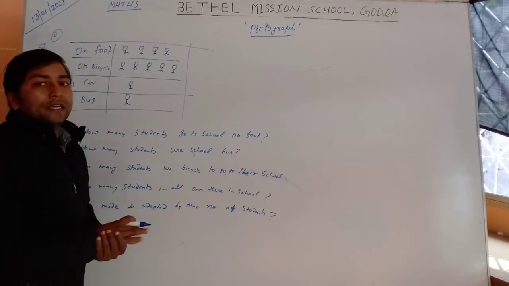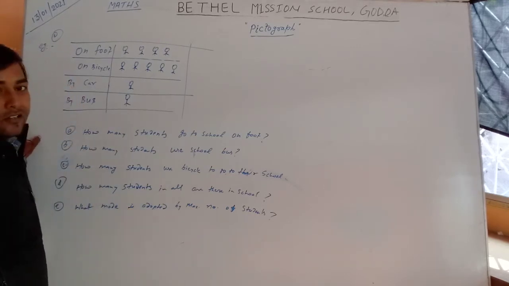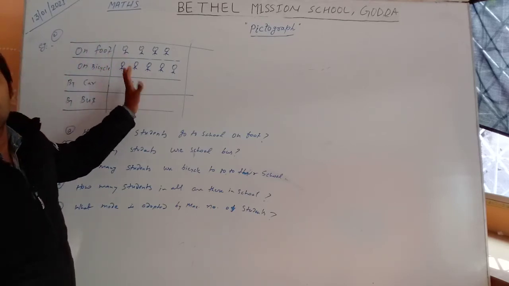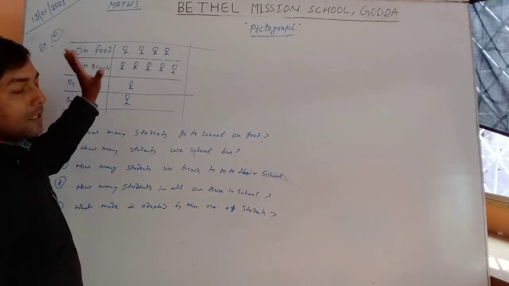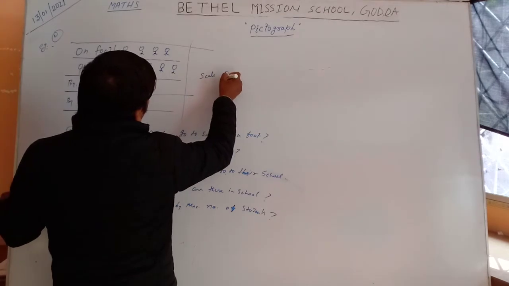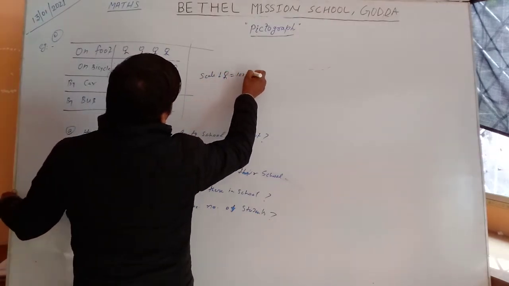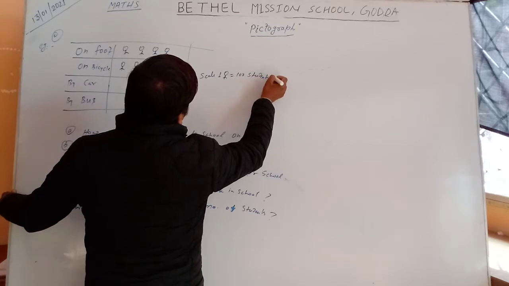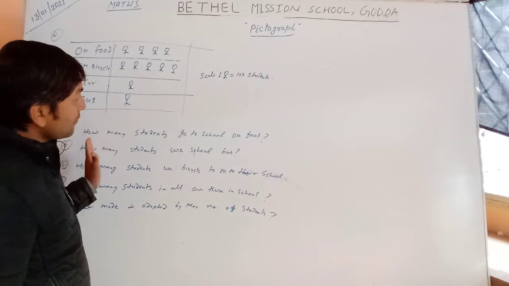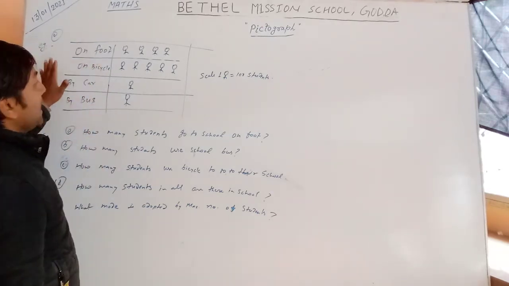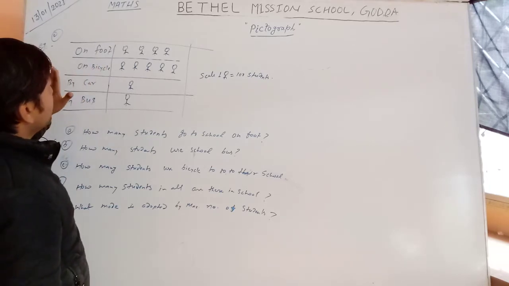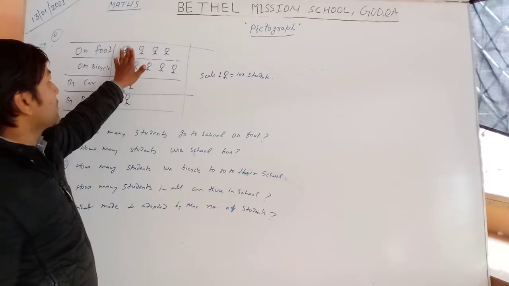Now I have taken another example and it is just the opposite. Here the information is given as a pictograph. You have to answer after looking at the pictograph. Okay, and the scale has been given: one picture equals 100 students. The information given is that different modes of transport are used by the number of students.